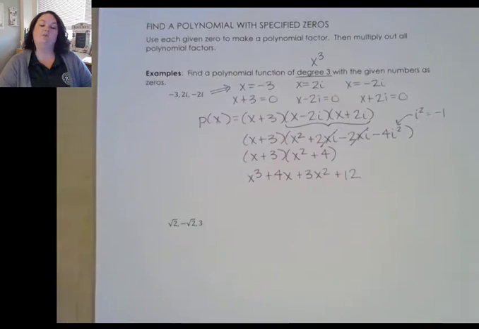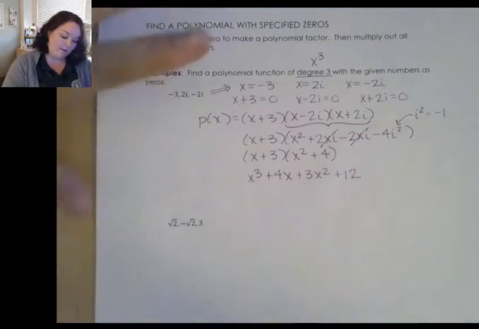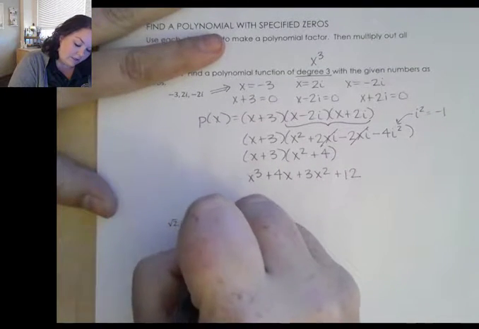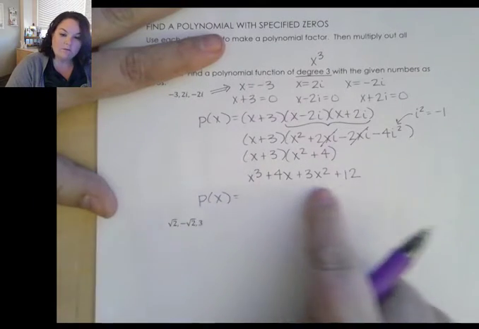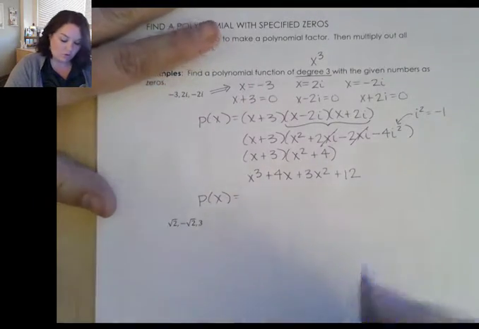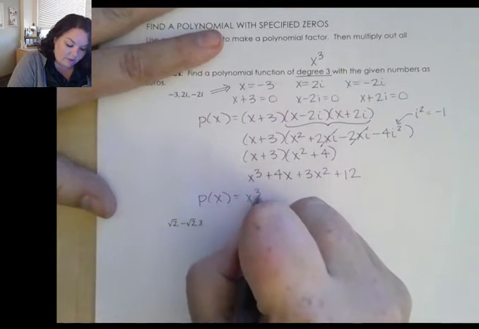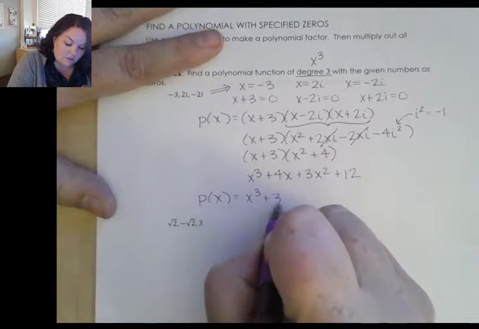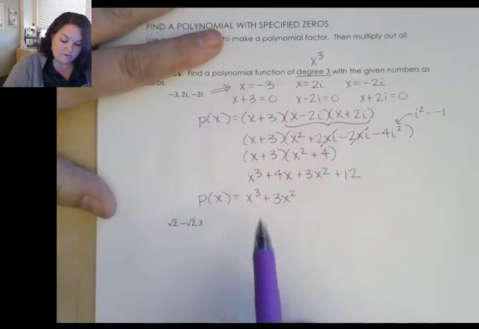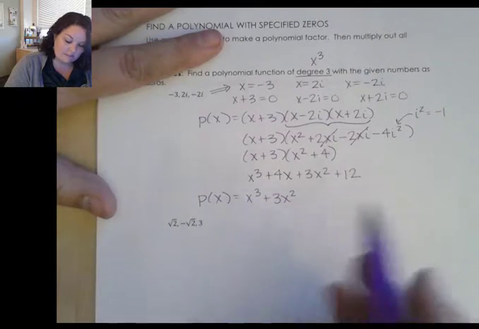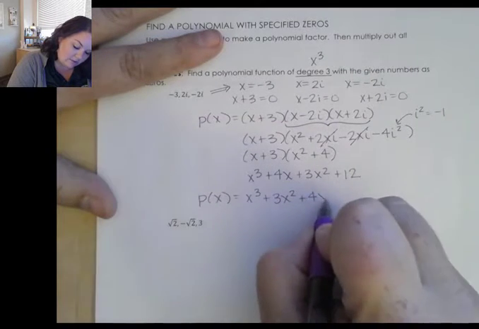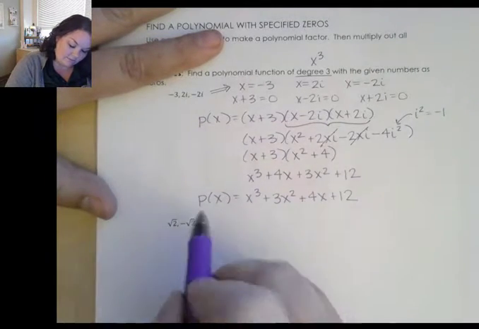Now, it shouldn't count you wrong if you enter it like that in MyMathLab, but it is a really good habit to get used to writing our polynomial functions in descending order, meaning our highest power of x down to our lowest. So I'm going to write it with my x cubed, then my x squared term, then my x term, then my constant term.